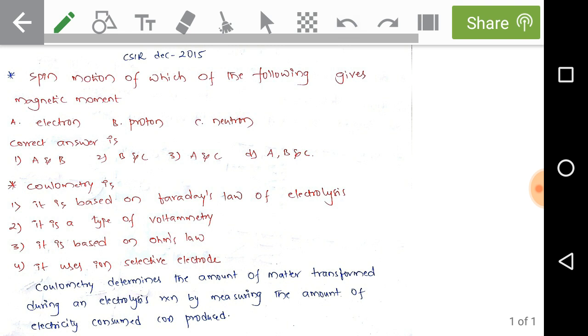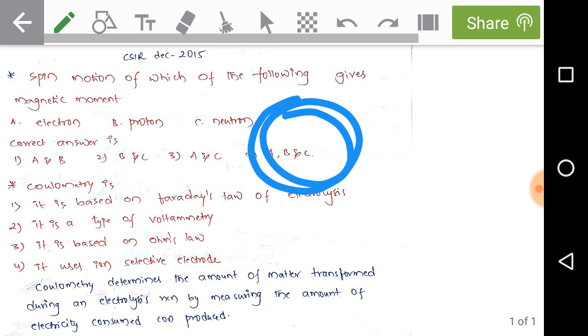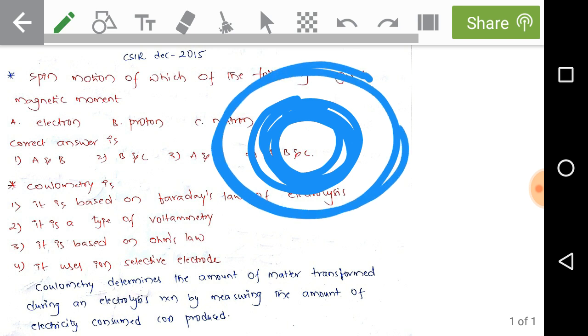Next question, spin motion of which of the following gives magnetic moment? Electron, proton and neutron. So just think generally that whenever a particular particle spins on itself, then due to its precession, a magnetic moment is generated around it.